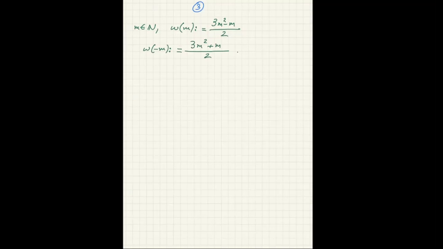So what did Euler prove? Here's his result.